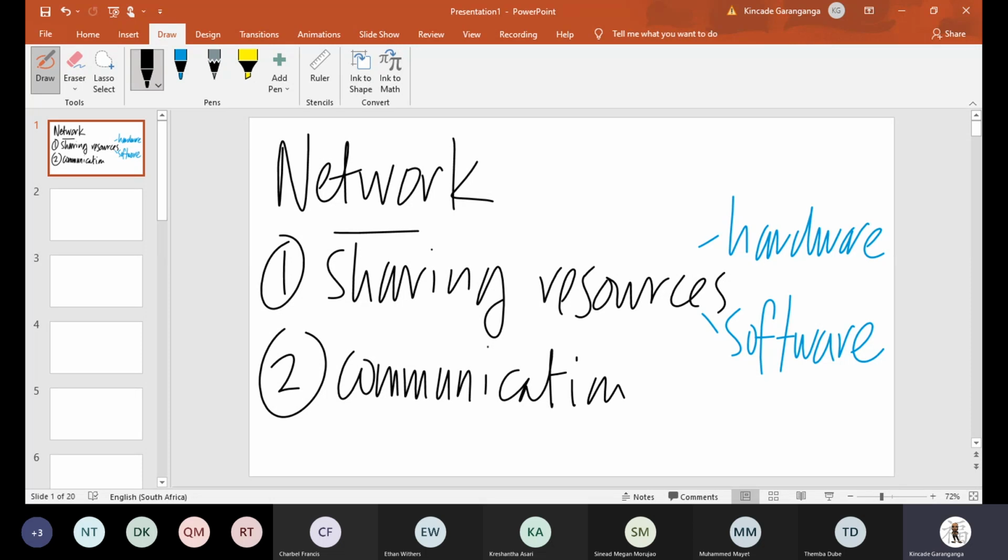So, an interconnection of two or more computer systems with the associated peripheral devices for the purposes of sharing resources that are either hardware or software related, and ultimately communicating. But remember, the moment you look at the whole concept of communication at large, there has to be some kind of uniform platform that enables successful communication to take place.